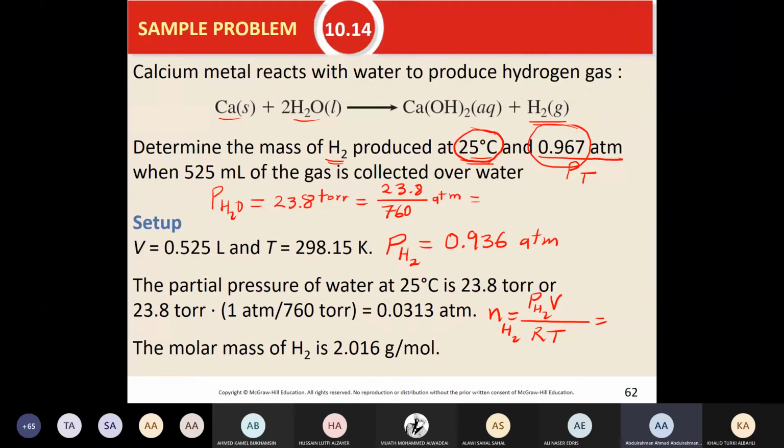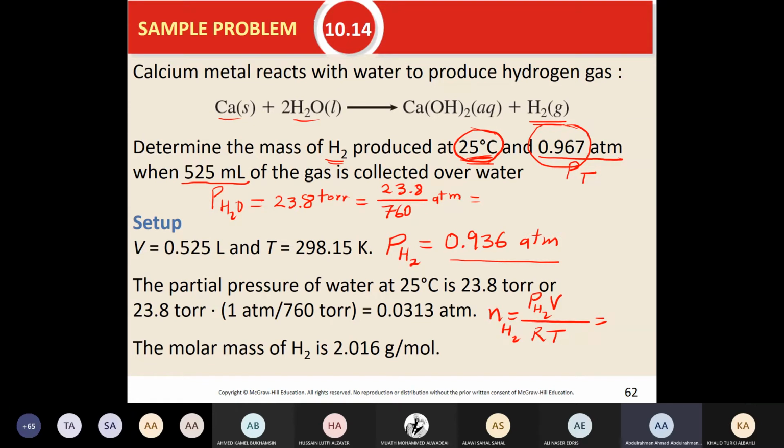You have the pressure of hydrogen, you have the temperature, and you have the volume. Where is the volume? This is the volume. Don't forget to change it to what? Liter. And the temperature to Kelvin.